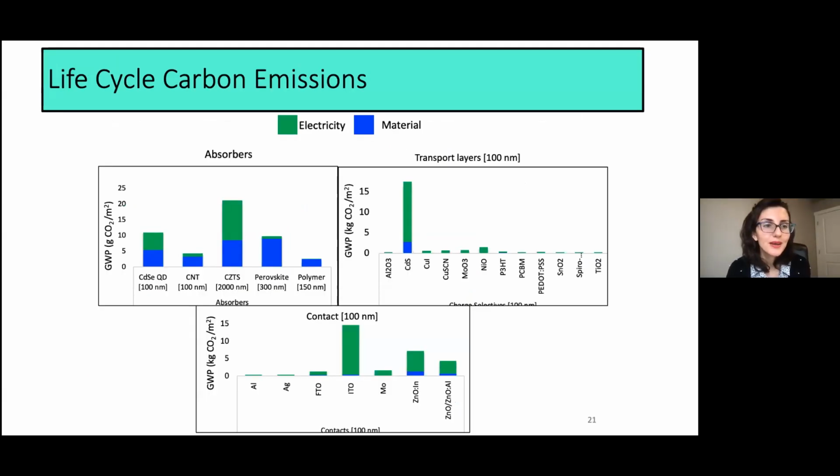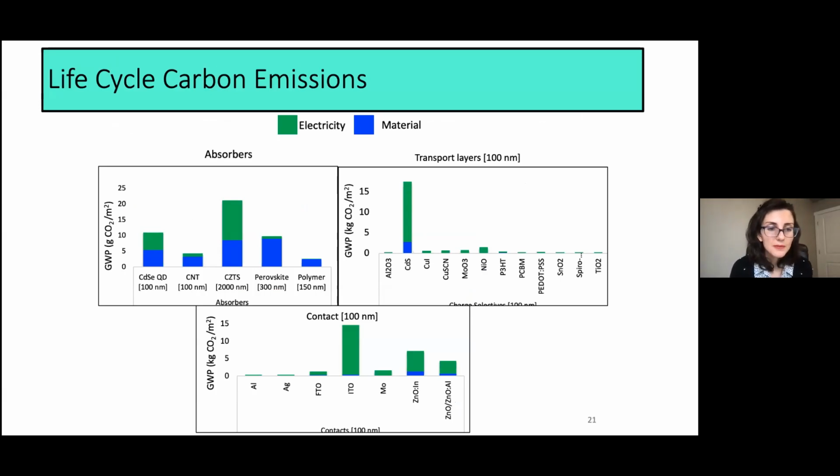From a life cycle carbon emissions perspective, we identified that polymer based absorbers, CNT and perovskite are the three absorber materials that have lower impacts compared to cadmium selenide quantum dots and CZTS types.